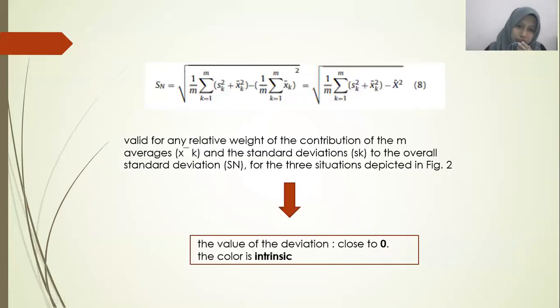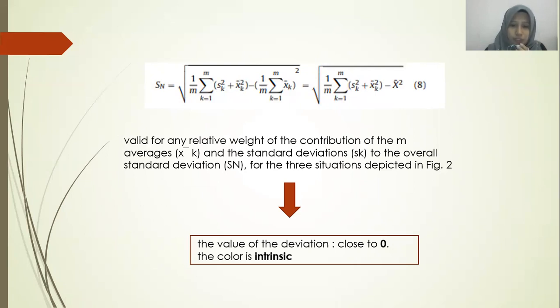And from the mathematical development, they will use equation 8, because this equation calculates the overall standard deviation of a color coordinate among the three types of substrate, silicon, steel, and glass, deposited in the same batch.